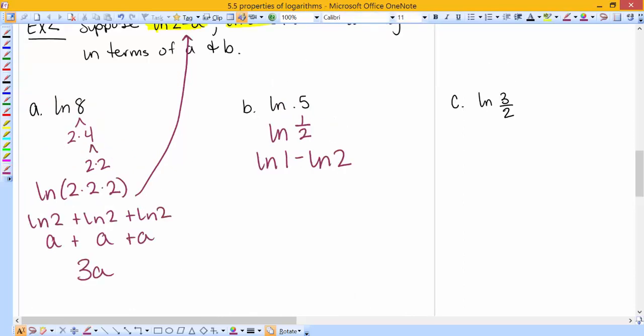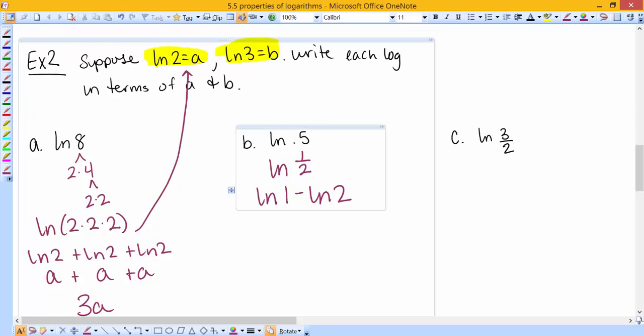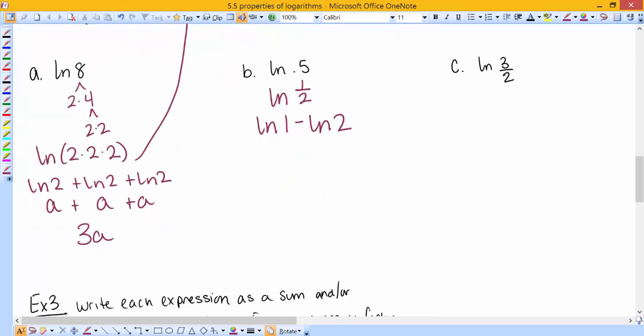Oh, the natural log of 2 I know is A, but I need to work with this natural log of 1. Well, 1's a special number, and 1 can be made from anything. So I'm going to use 2. 1 is 2 over 2. So this is the natural log of 2 over 2.